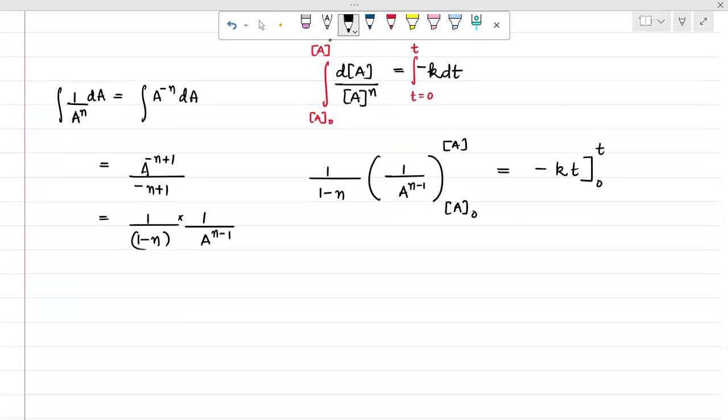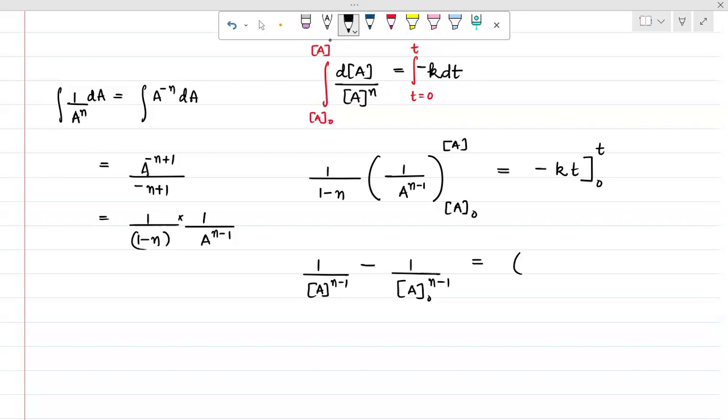Let's put the limits first: upper limit minus lower limit. So it is 1 by concentration of A to the power n minus 1, minus 1 by initial concentration to the power n minus 1, equal to upper limit minus lower limit, which is just t.